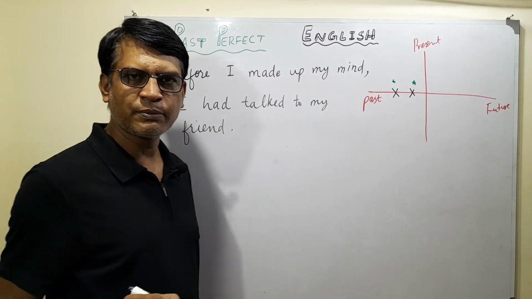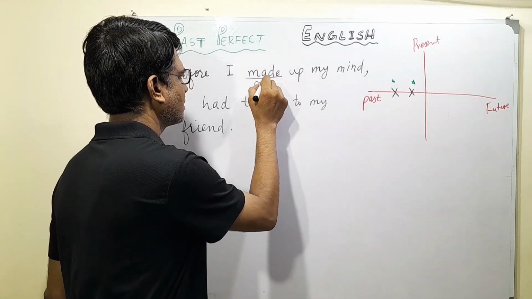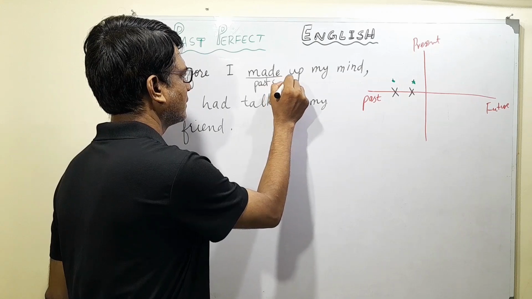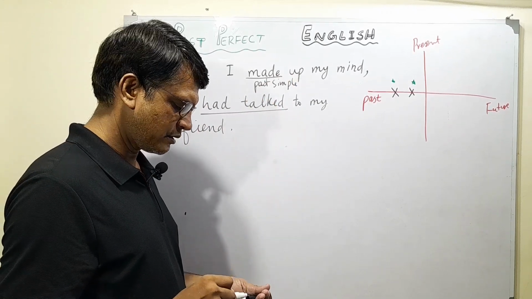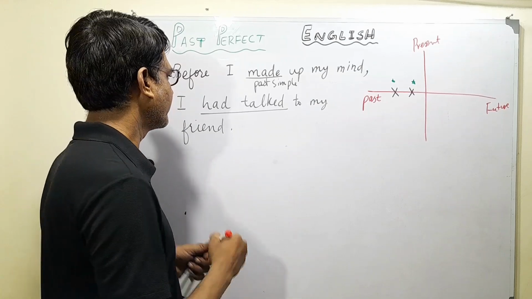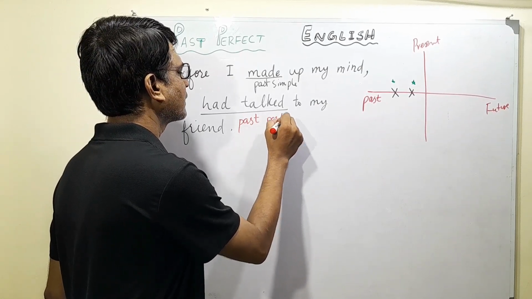This is what past perfect is all about. We have past simple here, and we have past perfect over here. That is past perfect.